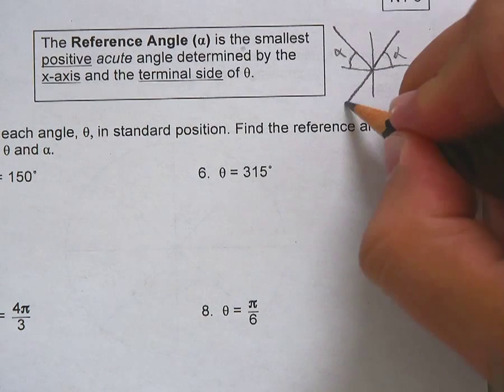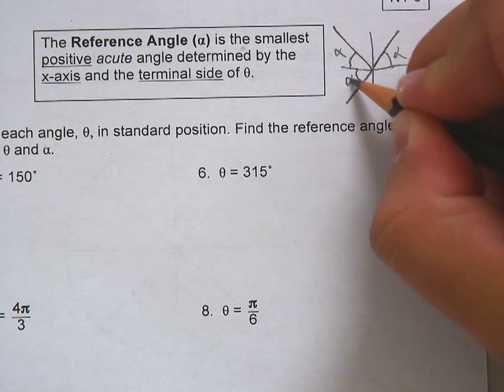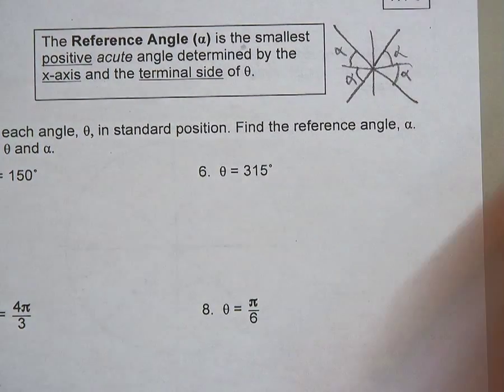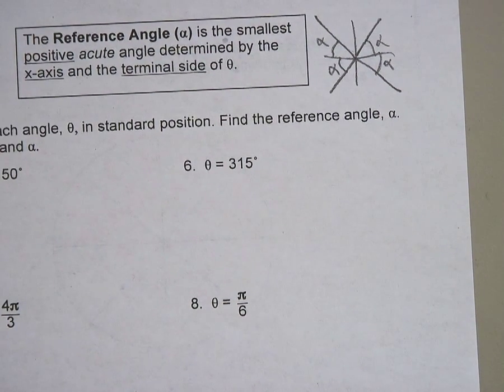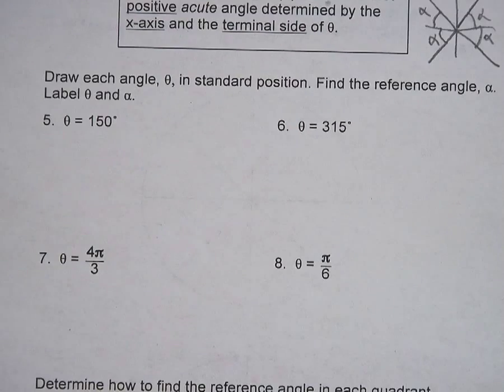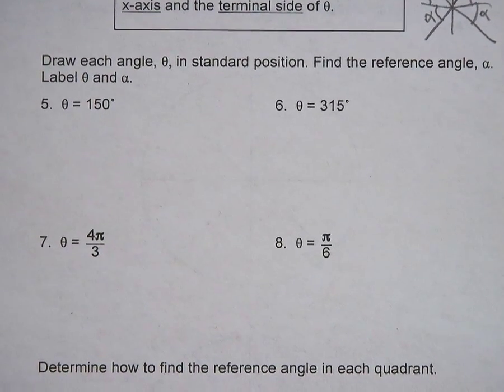If I give you something down here, this is the reference angle. If I give you something over here, this is the reference angle. So it always goes from the angle to the x-axis. I don't care where it's rotating from, to, or whatever. We'll see a little bit of that here in just a second.